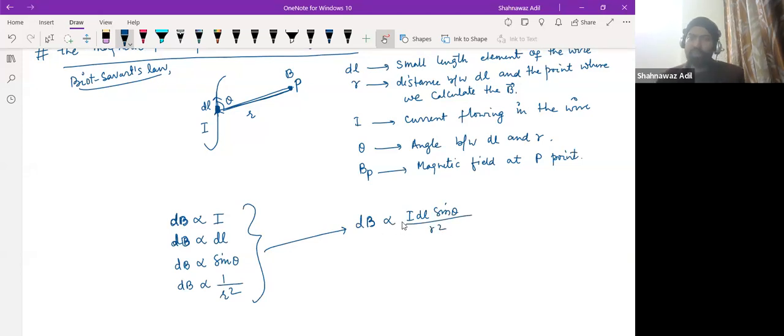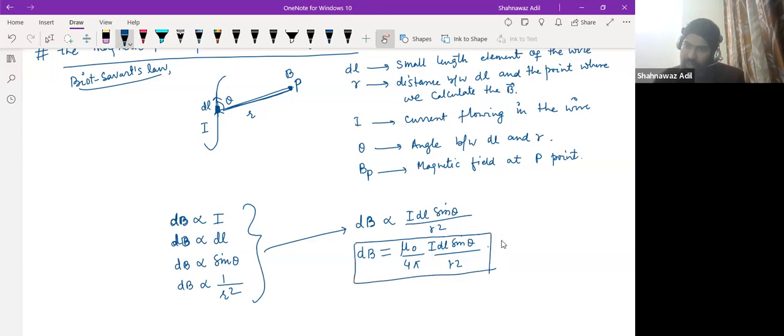If we remove the proportionality, then some proportionality constant would be there, and that proportionality constant is this one. We get this from experiments, and this is the form that we get finally. This is called Biot-Savart's law.